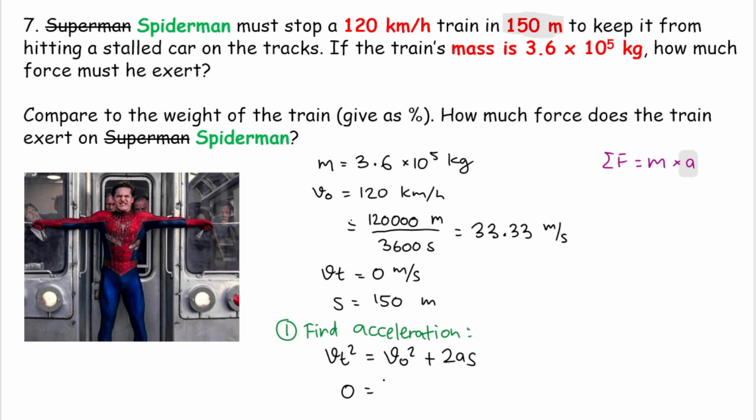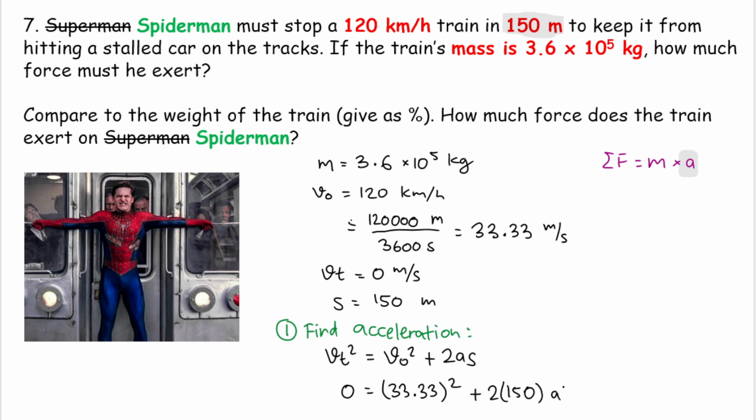I will have 0. And then what is V0 squared? I will have 33.33, and that will be squared. And then we will have 2 multiplied by unknown A, but then s is 150. Good. I think we can isolate A here, right?